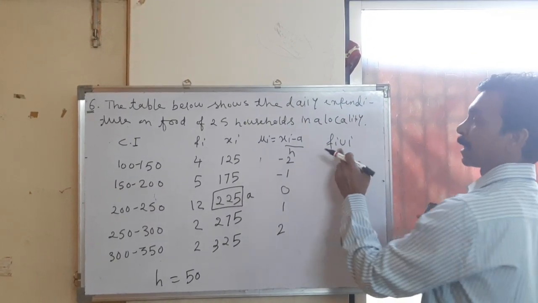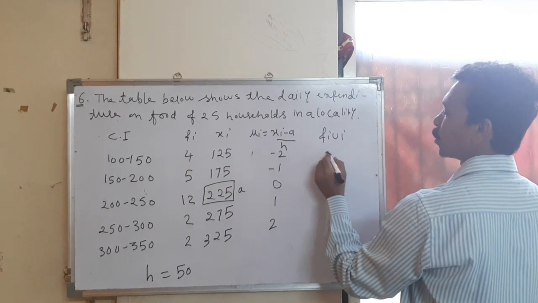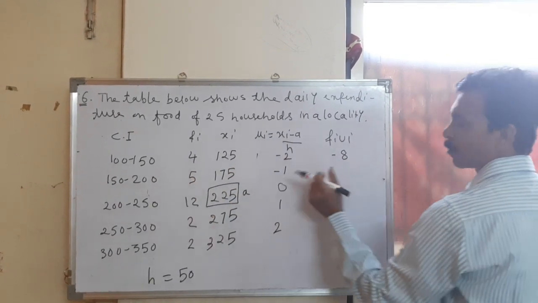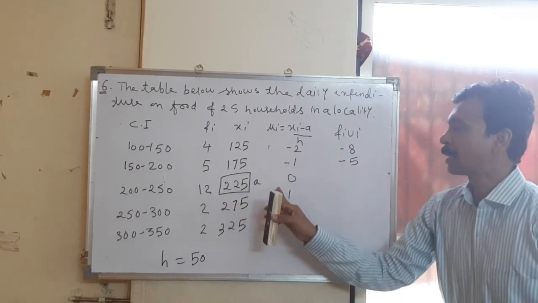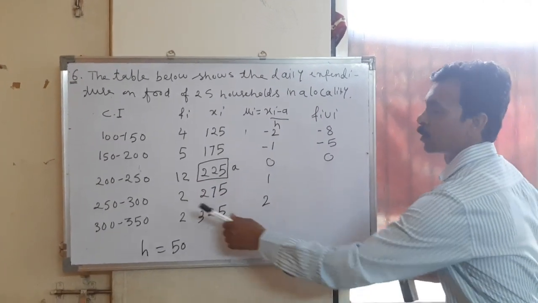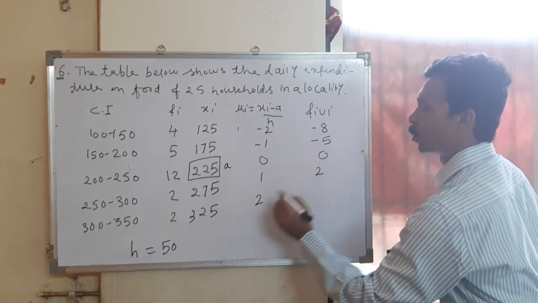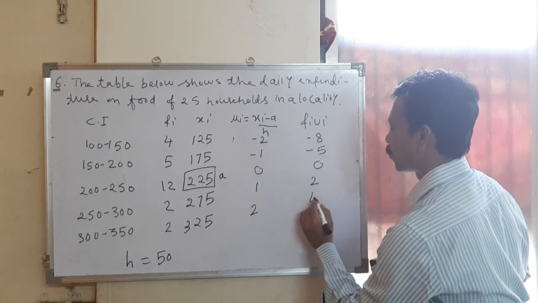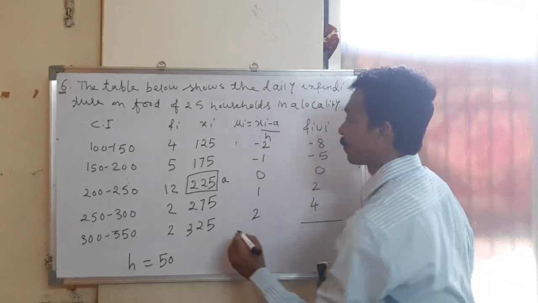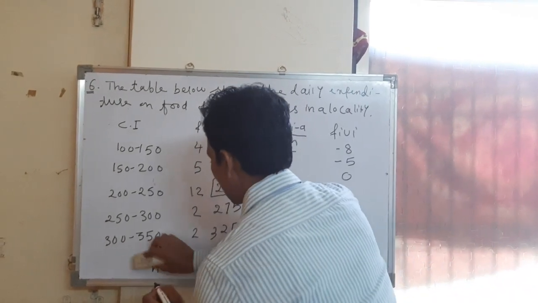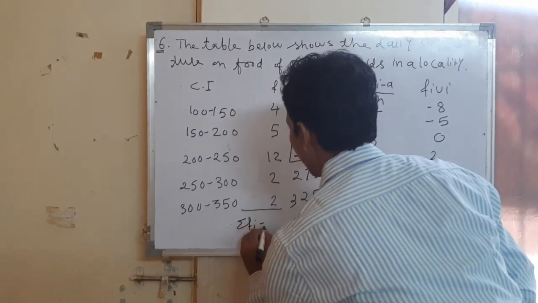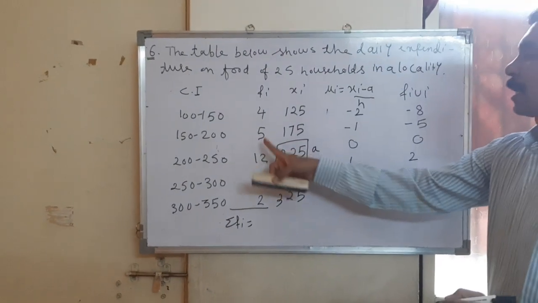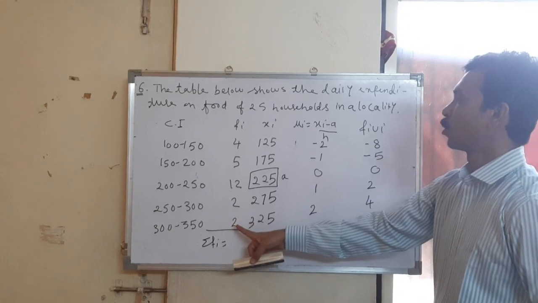Now you find fi ui. Method is same. Multiply 4 into minus 2, minus 8. 5 into minus 1, minus 5. 12 zeros are 0. 2 ones are 2. 2 twos are 4. Now we'll see summation of fi. 4 plus 5, 9 plus 12 plus 2 plus 2.